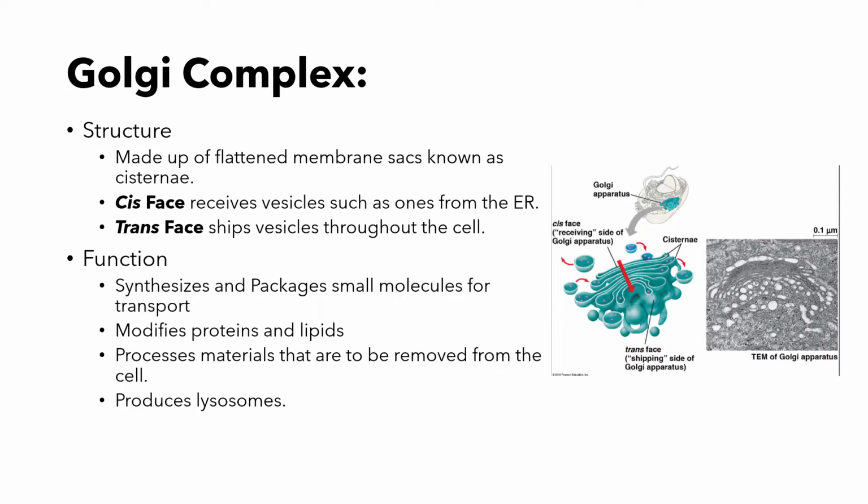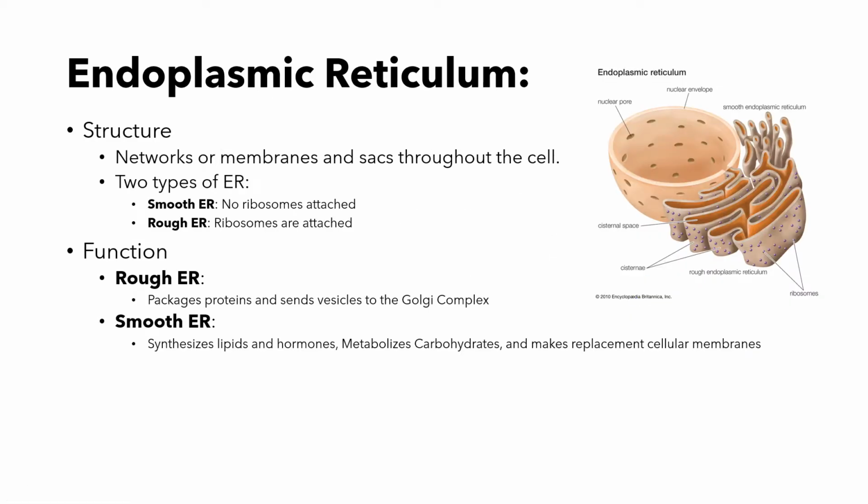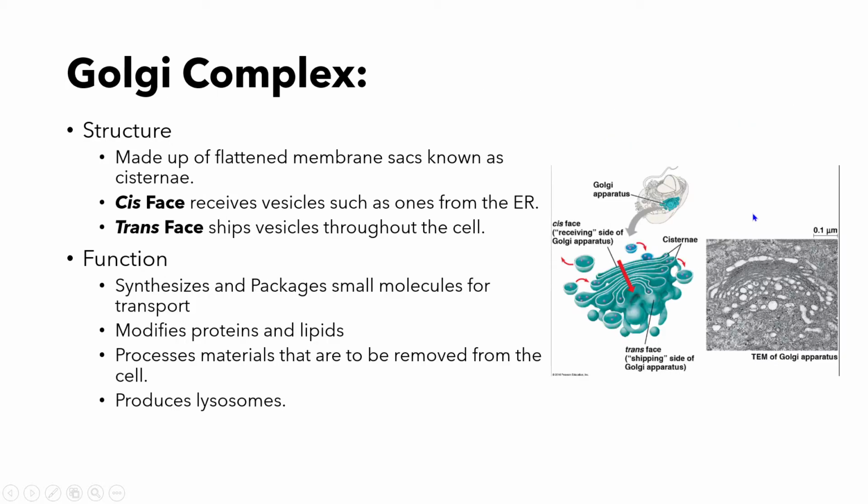Next, we have the Golgi complex. The Golgi complex is made up of flattened membrane sacs known as cisternae, and it has a similar structure to the endoplasmic reticulum, as they're just folded membranes. You can see here it's a bit of folded membrane, the rough ER, and very similar to the Golgi complex. There are some key differences, though. There's a cis face, which receives vesicles, such as the ones from the ER, and a trans face, which ships vesicles to other parts of the cell.